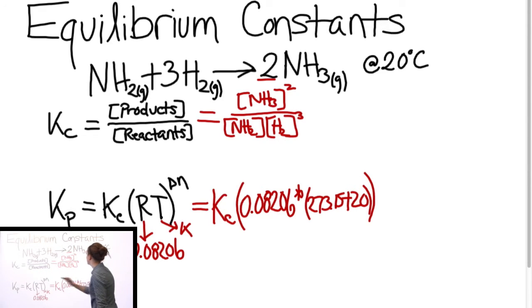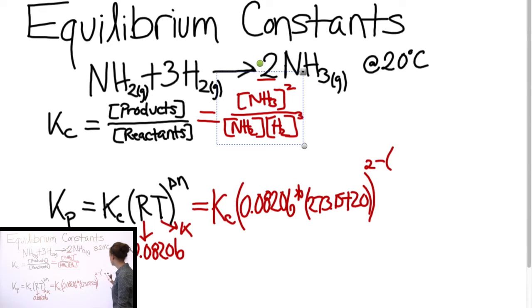And then for your delta N, you're going to take the coefficients from your products and subtract the coefficients of your reactants. So we'll do 2 minus (3 plus 1), which gives us negative 2.